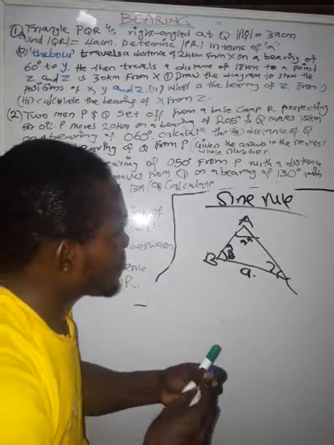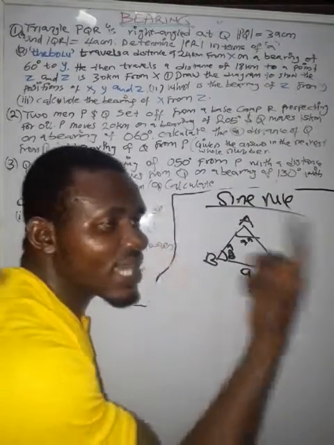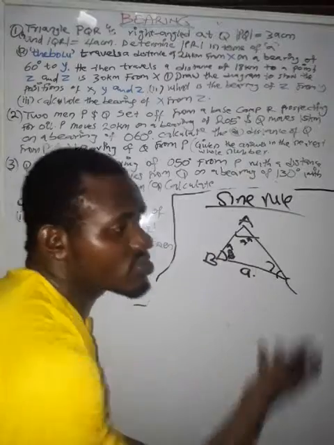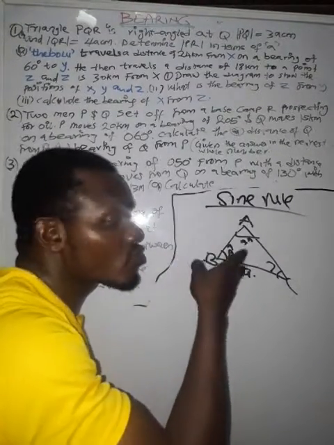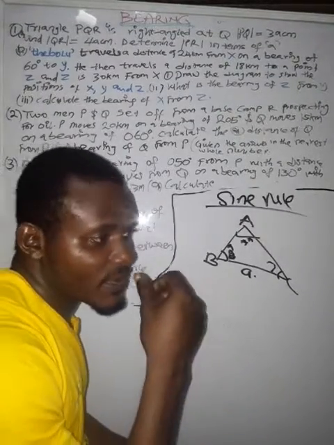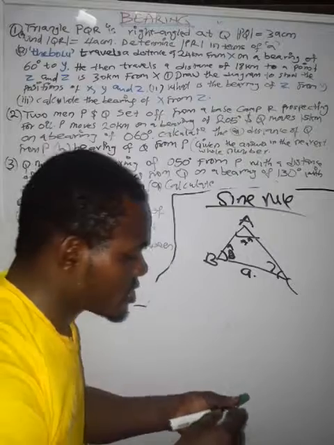So where we can use this is when you know 2 angles and one side is not known, then you can use it. Sometimes you can know 1 angle with 2 other sides, then you can still apply the sine rule. So it just depends on the parameters you have.